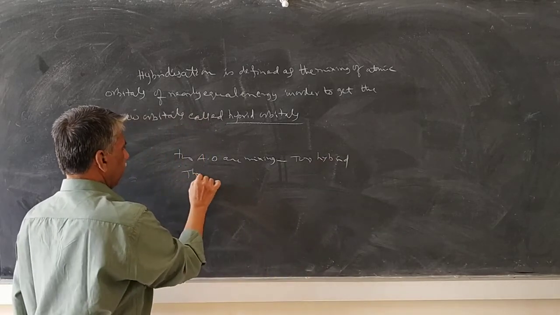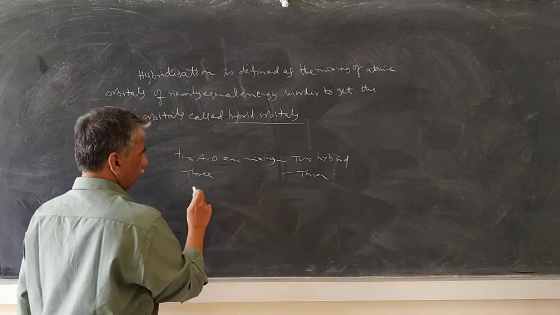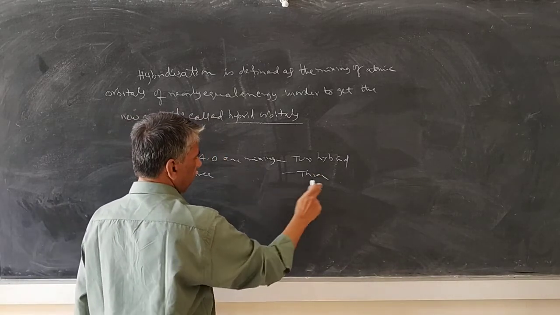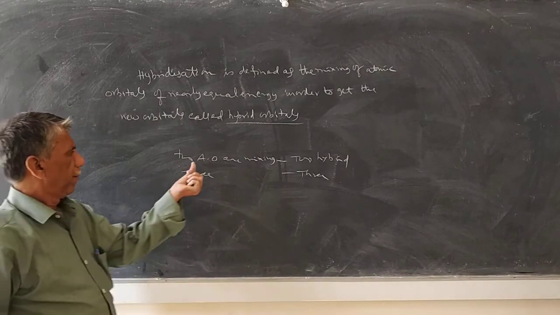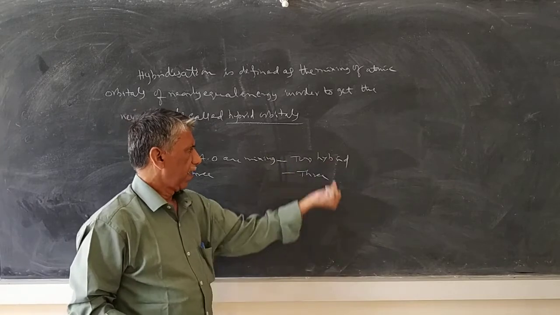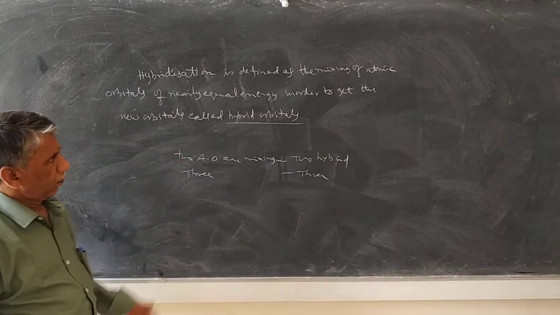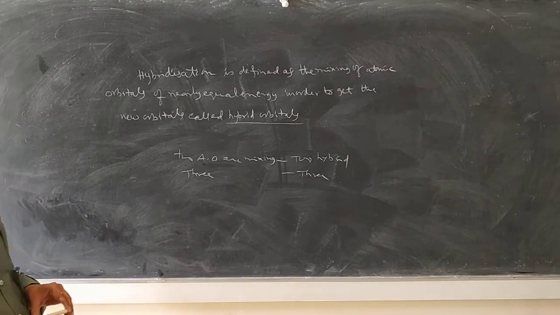If three are mixing, you get three. If four atomic orbitals are mixing, you get four hybrid orbitals. So depending upon the number of atomic orbitals mixing, you get the same number of hybrid orbitals. This is a brief about the hybridization concepts.